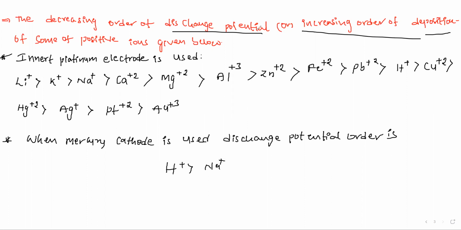Listen here. When compared with the inert platinum electrode, Na has the highest discharge potential and hydrogen the least, so hydrogen will deposit on the cathode first. When we use an inert platinum electrode, hydrogen deposits. If you use mercury as a cathode, hydrogen's discharge potential is more, and in that case sodium will deposit on the cathode. Did you understand this condition?